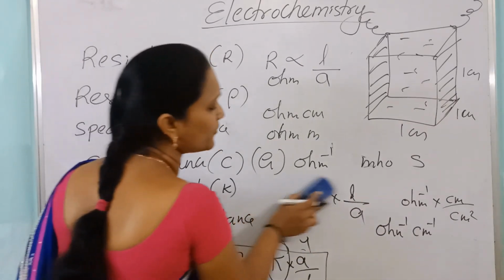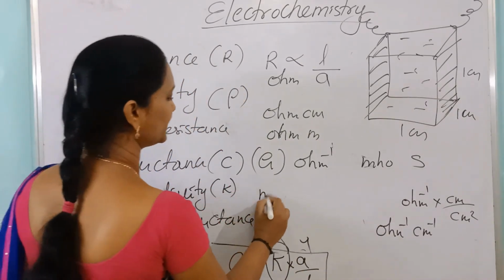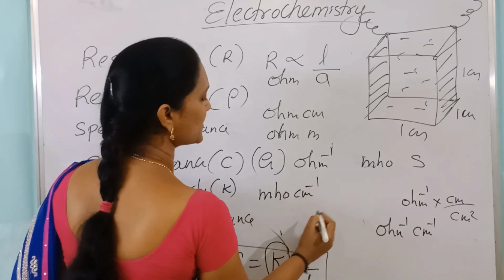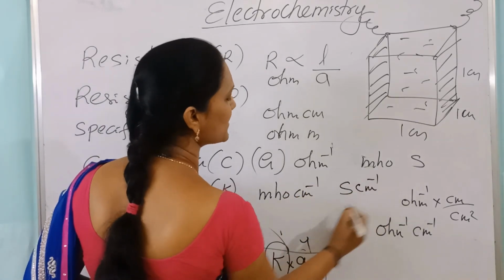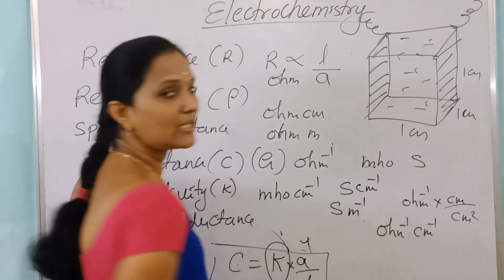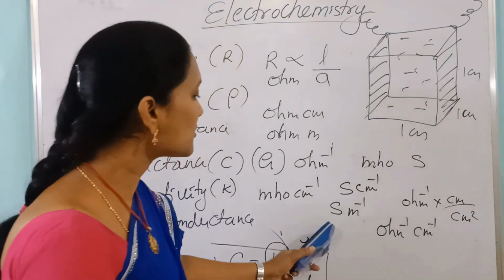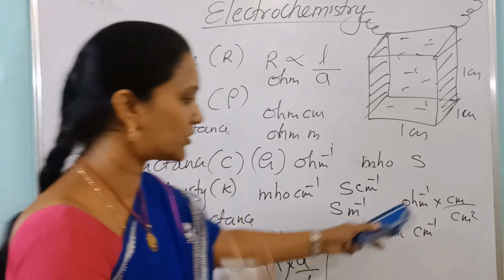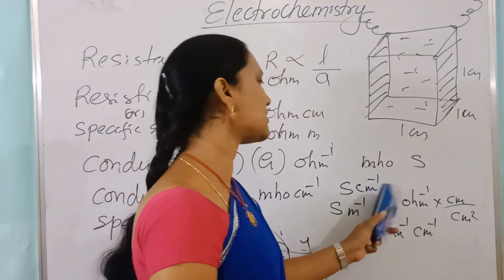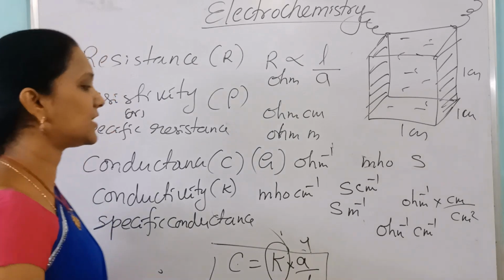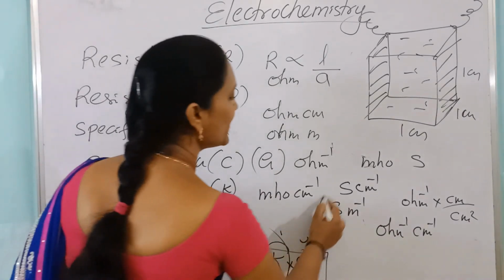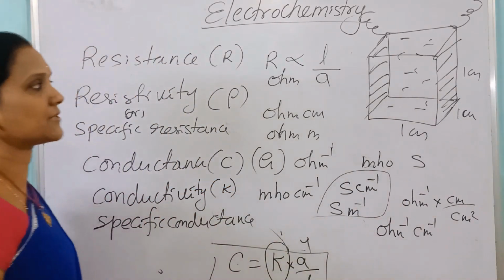Instead of ohm inverse, we use mho centimeter inverse, or Siemens centimeter inverse. Or we can use meter also. 1 meter is 100 centimeters; if such a conversion is given, you convert. So Siemens meter inverse, with both in meters, or Siemens centimeter inverse in centimeters. These are the units of the conductivity or specific conductance.